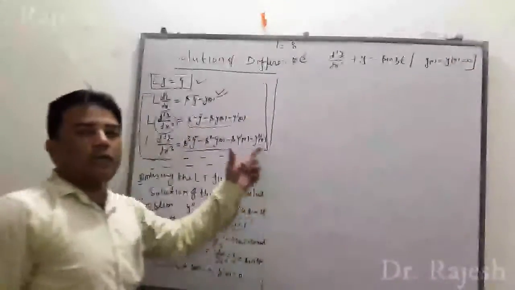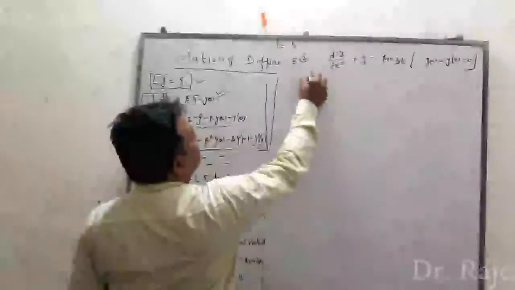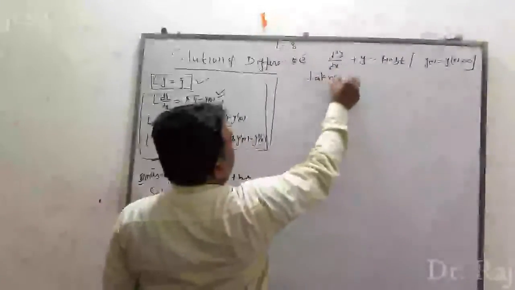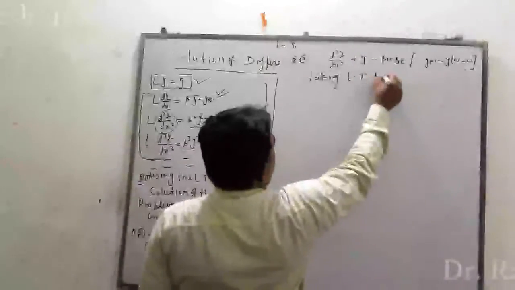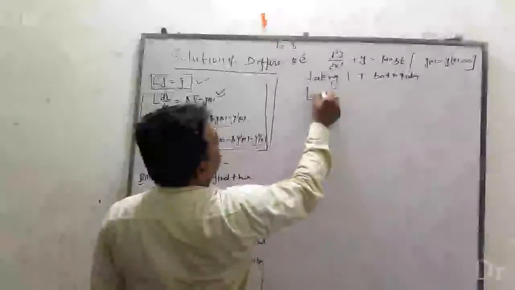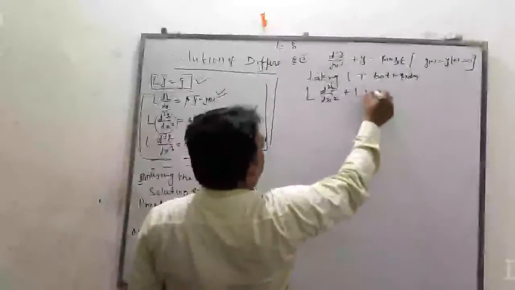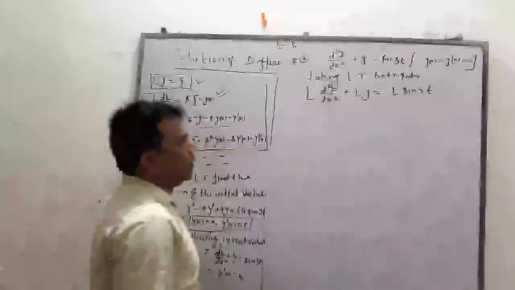As we discussed in previous questions, taking Laplace transform on both sides, Laplace of d2y over dx2 plus Laplace of y equals Laplace of sine of 3t.